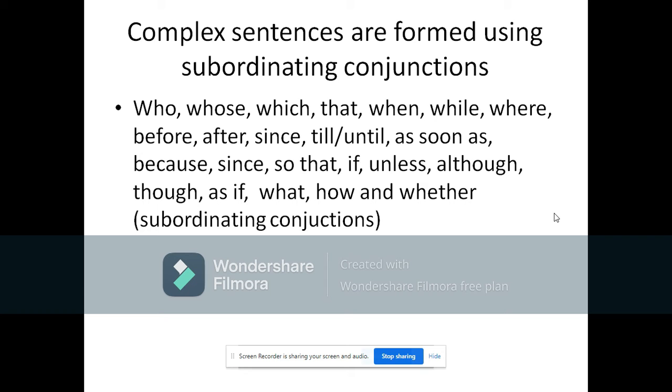So using such words, complex sentences are formed. These words are called subordinating conjunctions.